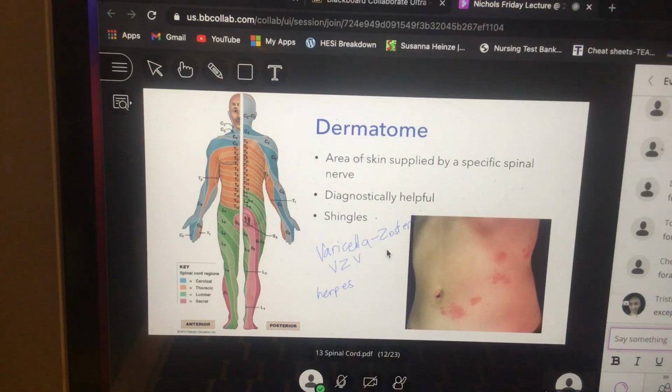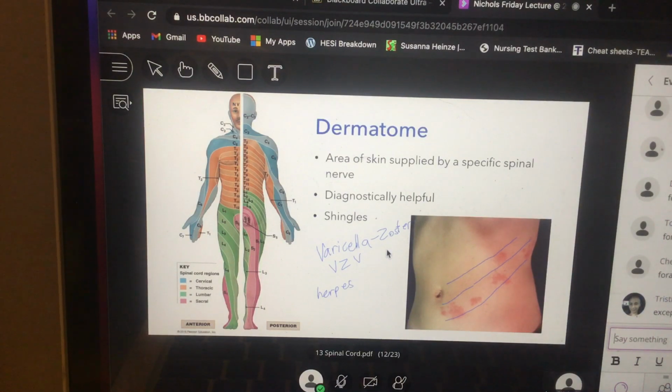But if you've ever had the chickenpox, you didn't actually really get rid of the virus. The virus hides in nerves that follow these dermatome patterns. And you can see, I'll kind of sketch a couple of the dermatomes right along here on this patient, just at and just below the navel.